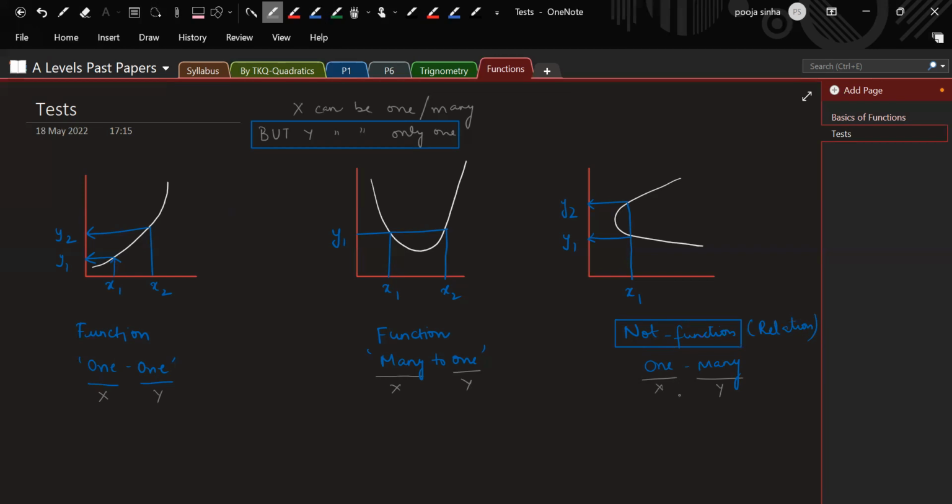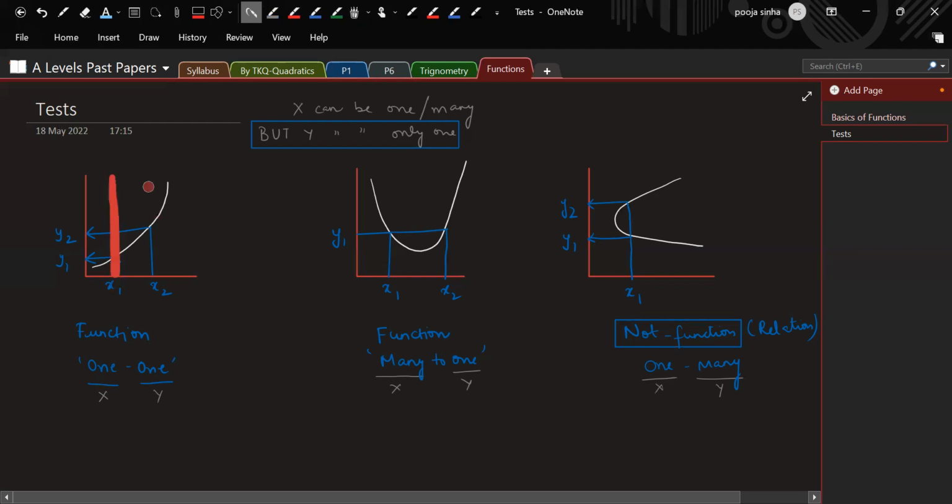ठीक है. अब इसको टेस्ट करने का, because we have written the heading as test, so what is the test method for this? So we do a vertical line test. In my vertical line test, see what I am going to do. You see that I am making a line. This is a vertical line, correct?